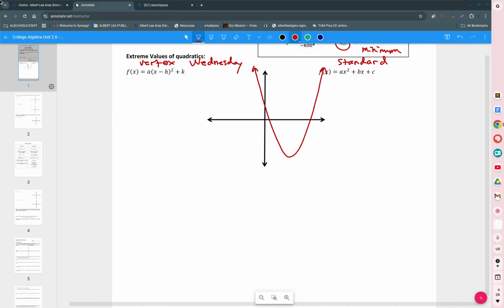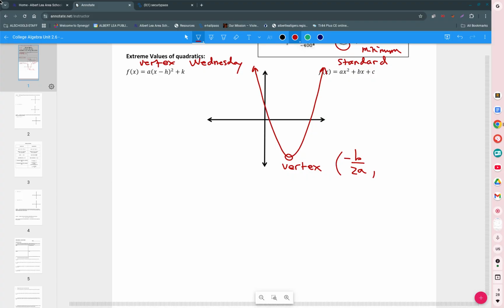Does anybody know what we call this spot of the parabola? Vertex. Anybody know the equation that we use using a and b in order to find the vertex? Negative b divided by 2a.